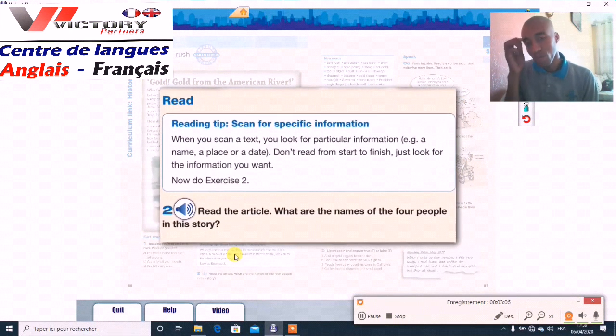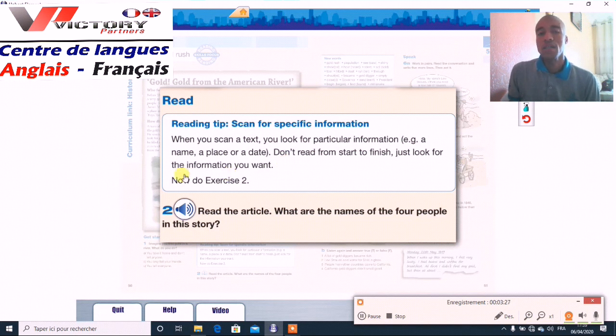And you should also bear in mind that reading tip, right? When you scan a text, you look for particular information, for example, a name, a place, or a date. Don't read from start to finish. Just look for the information you want, all right?